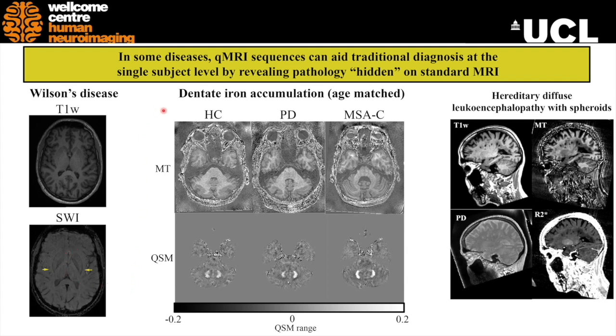In the center example, it's showing dentate iron accumulation across Parkinson's disorders, with healthy controls shown on the left, and then a progressive stepwise increase in dentate iron in Parkinson's disease, with multiple systems atrophy, cerebellar subtype, falling at the extreme end. And finally, the right example is a rare disease called hereditary diffuse leukoencephalopathy with spheroid bodies. Here it shows the increased white matter damage revealed by the MT imaging that's not as apparent on T1 weighted MRI.